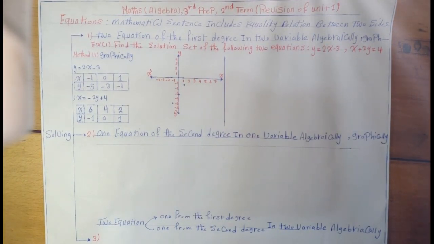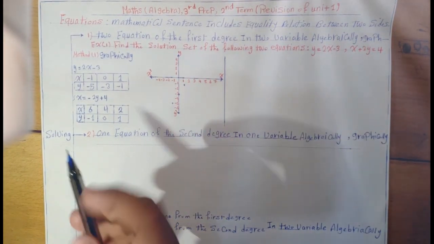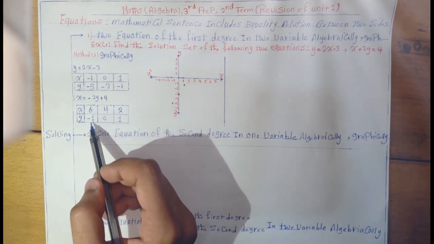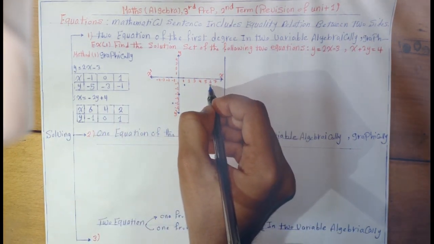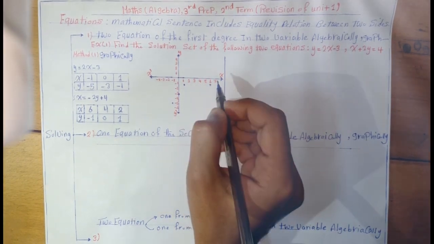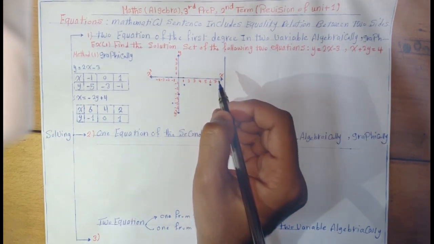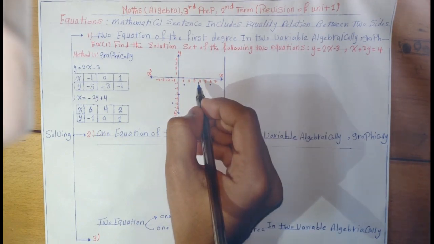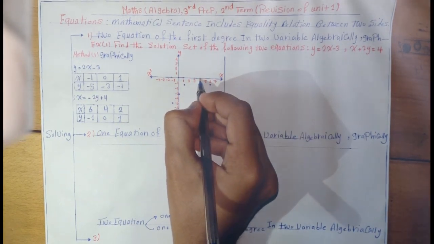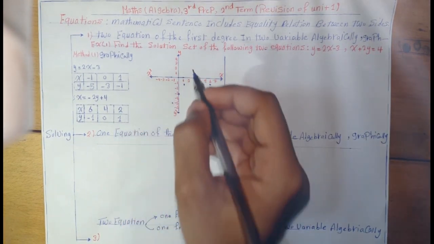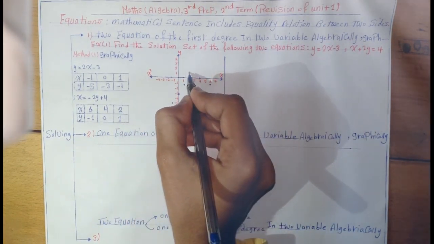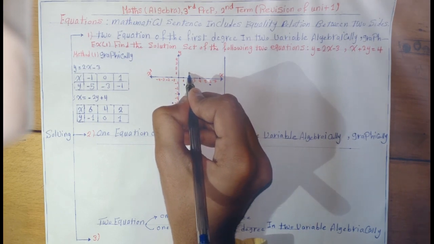Okay, this is the first table. And the second table, 6, -1 here. And 4, 0 here. And 2 and 1 here.